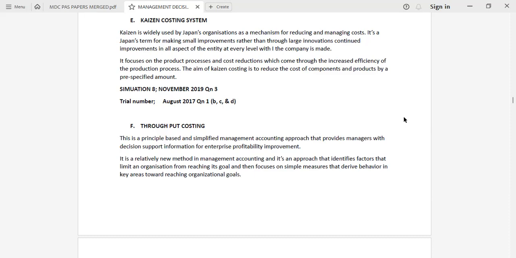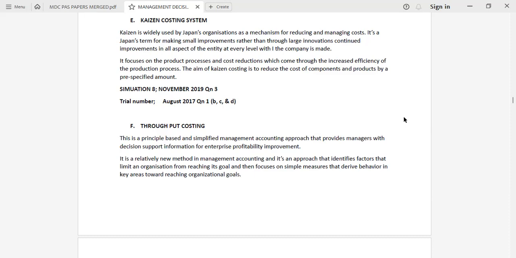You may find that most of the time these costing systems are used at the same time. You find that Kaizen, value analysis, and tear down analysis are all used together, because they are all aiming at adding value to the product and reducing the costs.